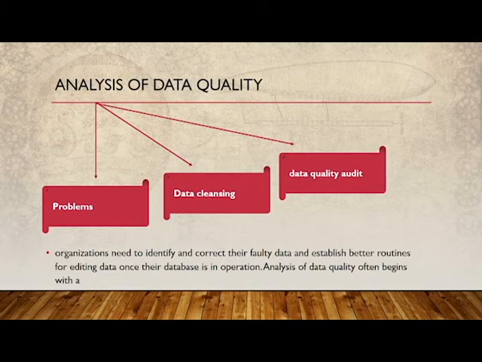Now we go to the second part of analysis of data quality, which refers to data cleansing, also known as data scrubbing. It consists of activities for detecting and correcting data in a database that are incorrect, incomplete, improperly formatted, or redundant.